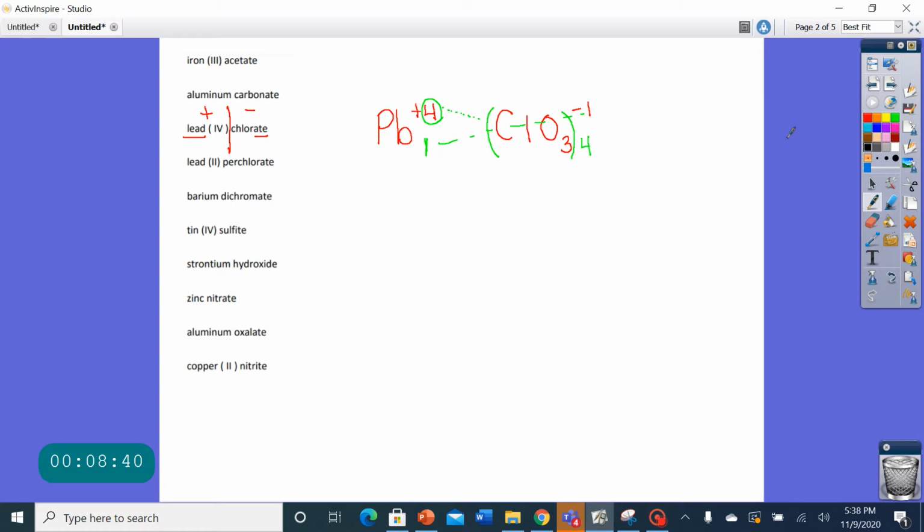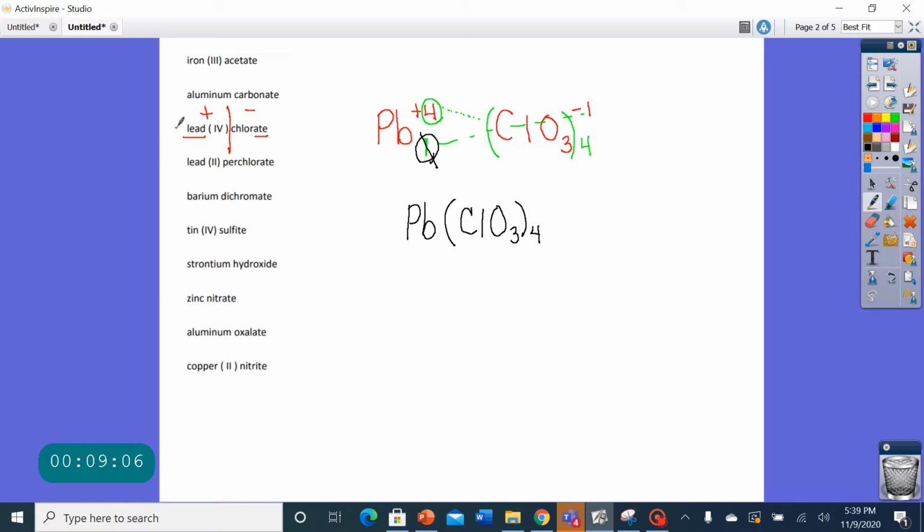So as I rewrite this, it's going to be Pb. I'm not going to show this 1 because we don't show 1s in formulas. And then parentheses, capital C, lowercase l, capital O, subscript 3, parentheses, and a 4. So that is how you would get the formula for lead 4 chlorate.